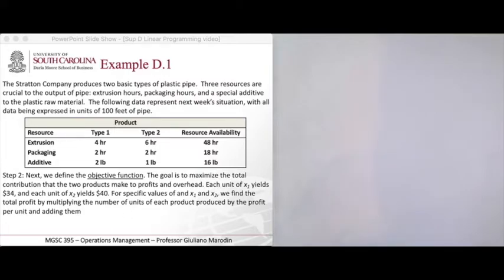Heads up, extrusion is a type of process that is used for plastic, right? Think about a Coke bottle, plastic bottles.